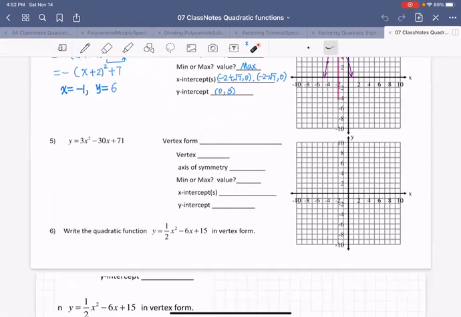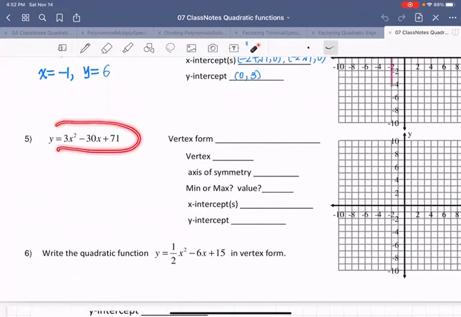Let's see here, this one. Let's do this question. Let's change this to the vertex form. Let's see how we do the vertex form for this one. Go ahead, you can tell me what we can do.